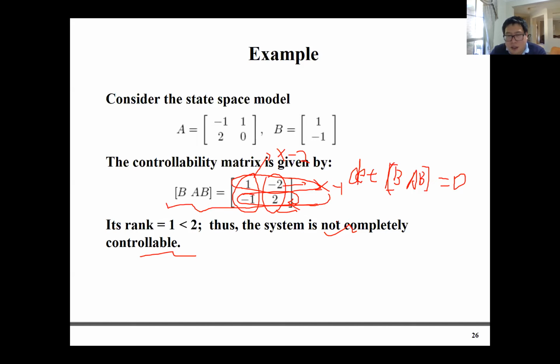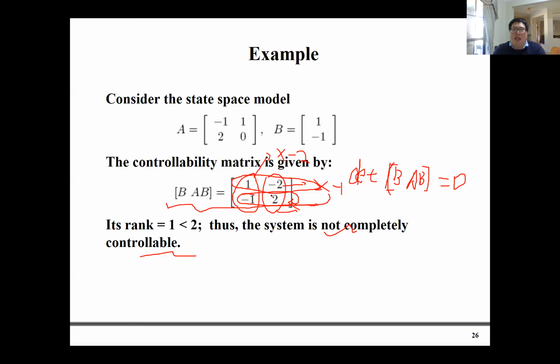Which means the two rows of the matrix are not independent, so it is not full rank. So there are two ways of checking if a matrix is full rank or not. The first way is the mathematical way: you just calculate the determinant. If the determinant is not equal to 0, then that is full rank.